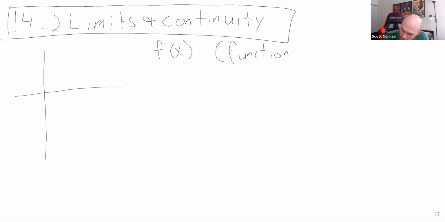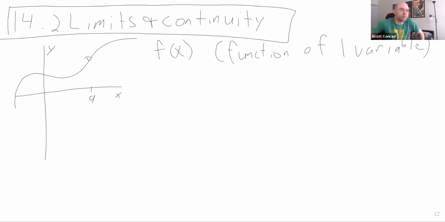So we have a function of a single variable, f of x. Let's look at the graph. Suppose it looks something like this. Maybe the function's not defined at x equals a, suppose. But we can still talk about a limit, even if the function's not defined there.